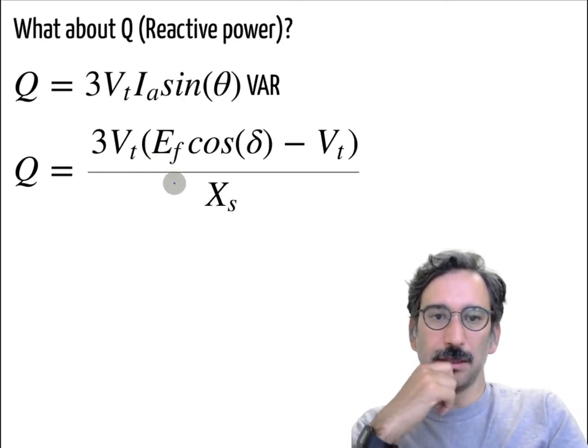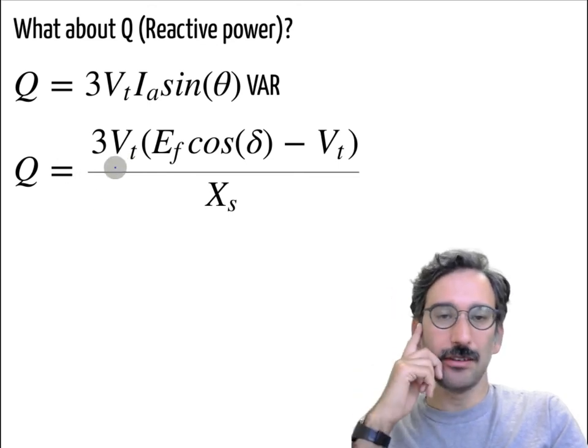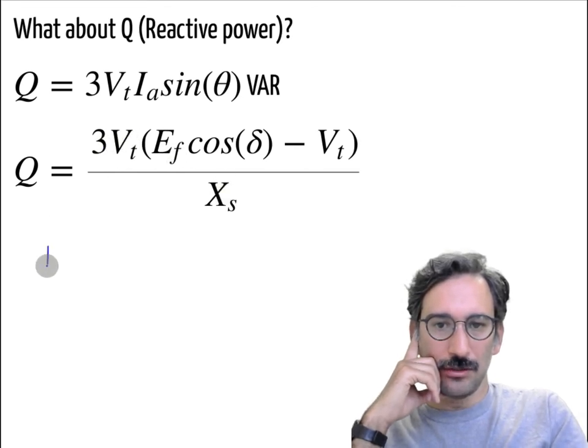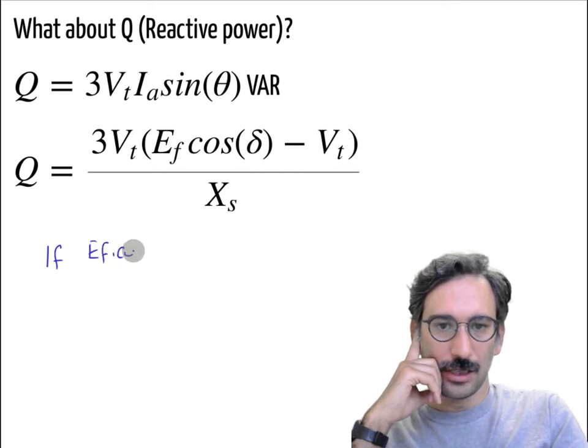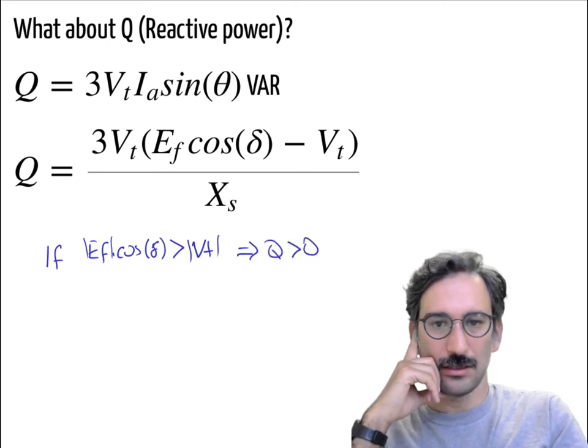So what does it mean? Again, let's have a look at the direction. If Ef times cos delta is larger than Vt magnitude-wise, I mean that term is larger than 0, then Q is larger than 0.